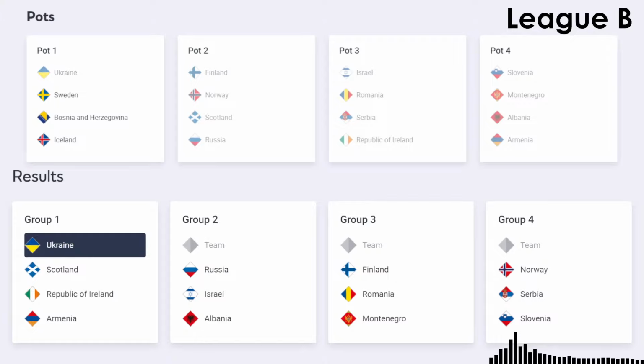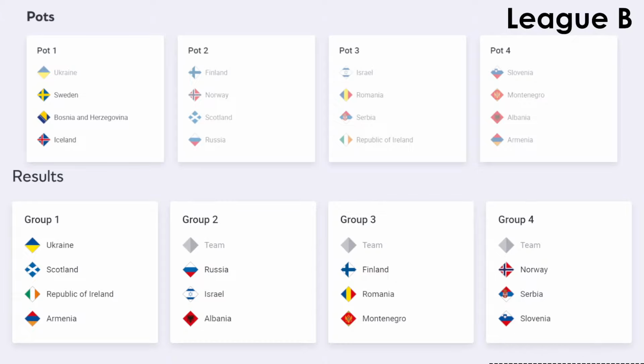Ukraine on Group 1 with Scotland, Republic of Ireland and Armenia. Iceland joined Group 2, so Iceland, Russia, Israel and Albania in B2.